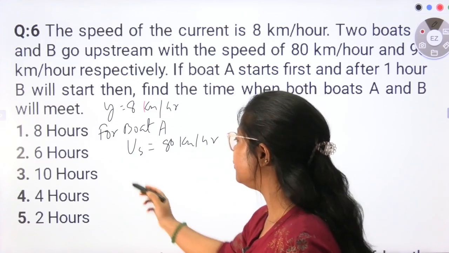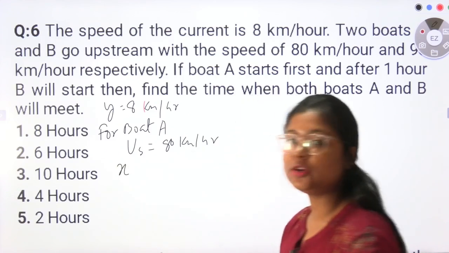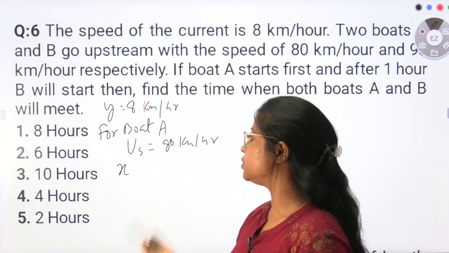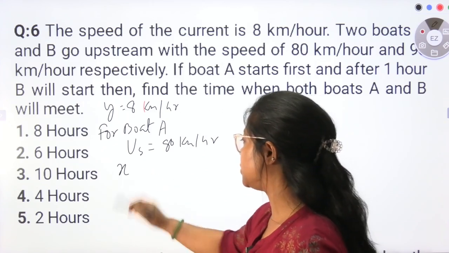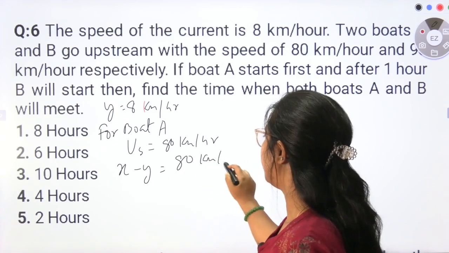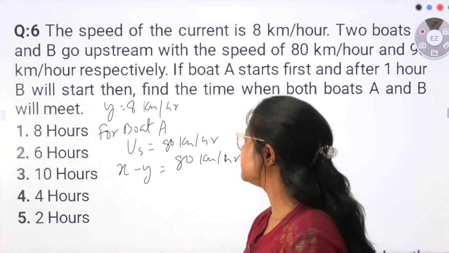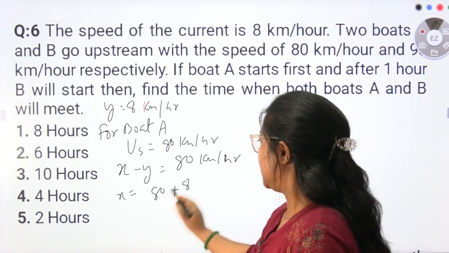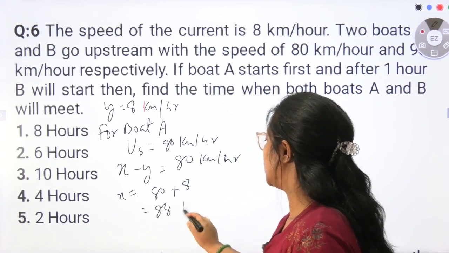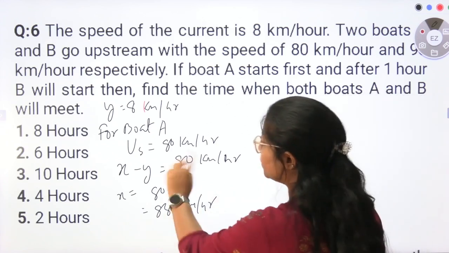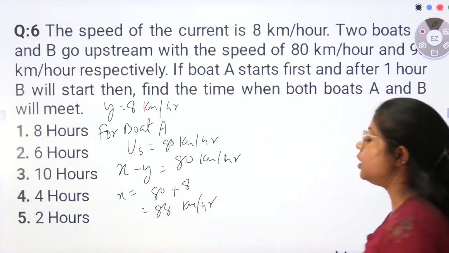If x is the speed of the boat and y is the speed of the current, then upstream speed is x minus y. So x minus y is 80 km per hour. Since y is 8, x would be 80 plus 8, which is equal to 88 km per hour. So now I am getting the actual speed of boat A, which is 88 km per hour.